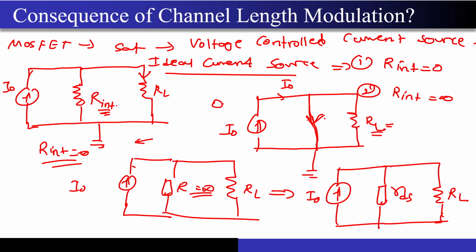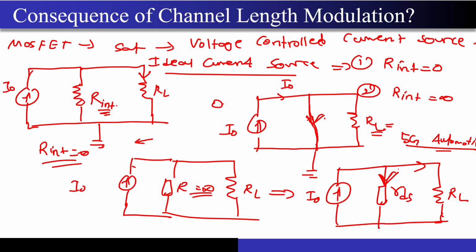What is the problem? Some of the current that you are seeing over here will flow through this also; not the entire current will go through this particular path, correct? And now what are the consequences? In circuit design you will see why this finite output impedance causes a huge problem, especially if you are trying to design circuits at RF level, that is for 5G as well as for the automotive radar case.